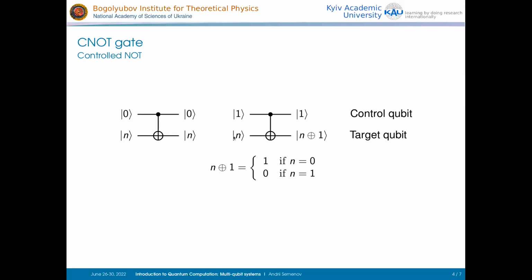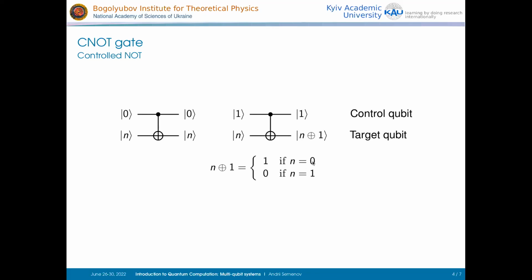But if you want to change your target qubit, you should put 1 on the control qubit, and nothing will be changed there. But for the target qubit, this will be n plus, and this sign, plus in a circle, means sum in modulo 2. That means that this is totally opposite.